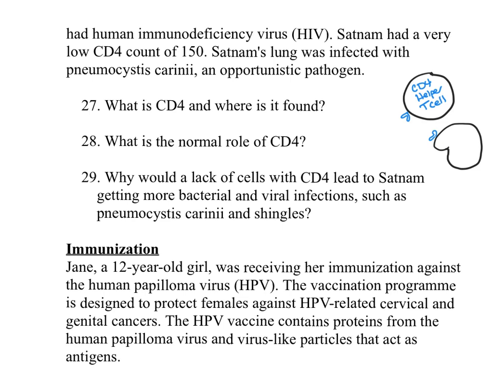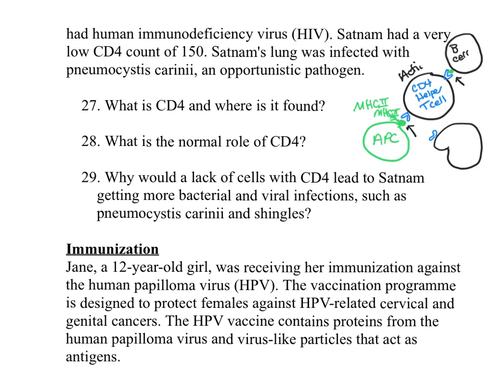Helper T cells can bind to the MHC2 complex on the surface of antigen-presenting cells, or to B cells by the T cell receptor. CD4 proteins stabilize the binding between the T cell receptor and the antigen MHC2 complex. Such binding activates the T cell.